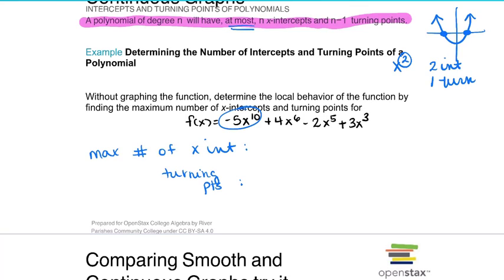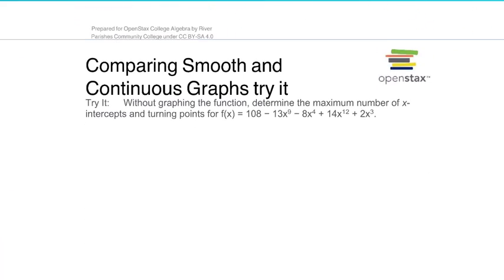So all you have to do is look at your leading term. So we have negative 5x to the 10th. So in this case, n equals 10. That means that you can have at most 10 x-intercepts, and turning points you can have up to 9, because we do n minus 1.